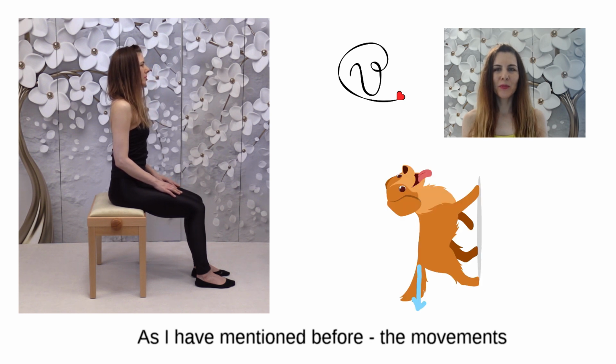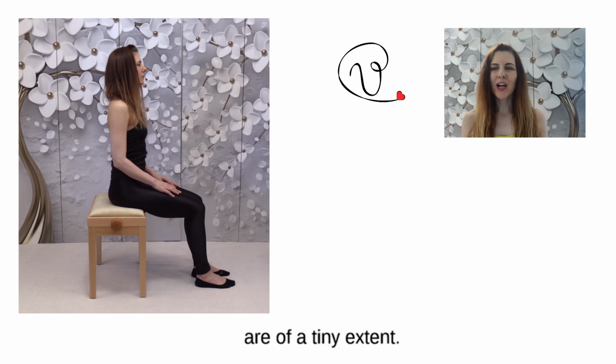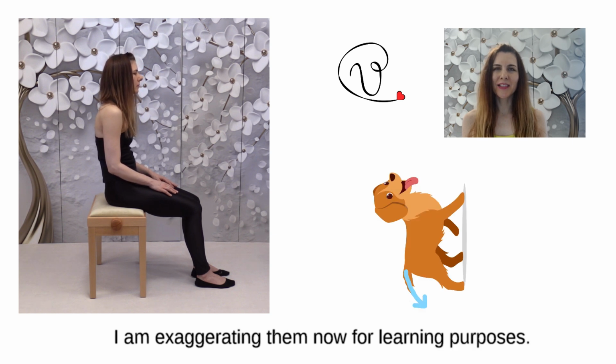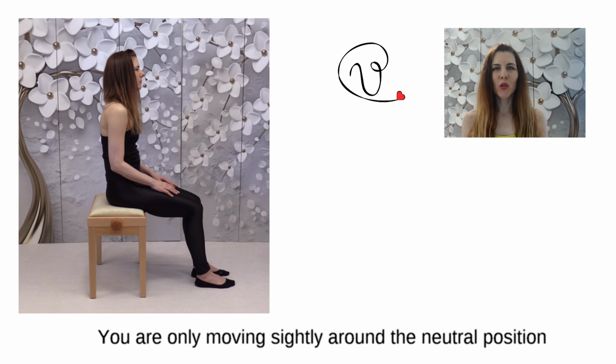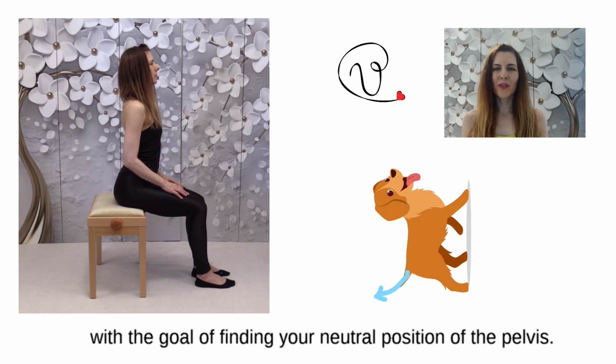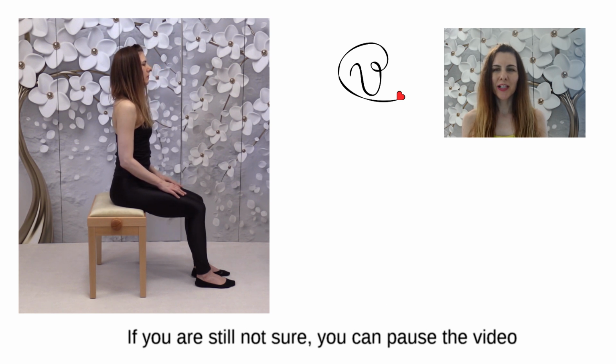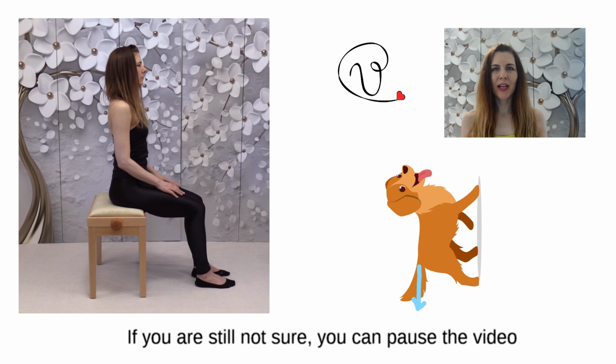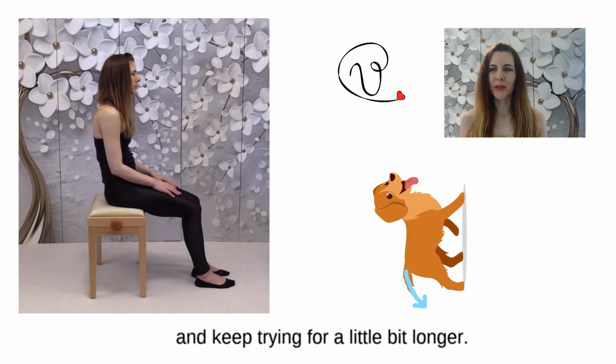As I have mentioned before, the movements are of a tiny extent. I am exaggerating them now for learning purposes. You are only moving slightly around the neutral position with the goal of finding your neutral position of the pelvis. If you are still not sure, you can pause the video and keep trying for a little bit longer.